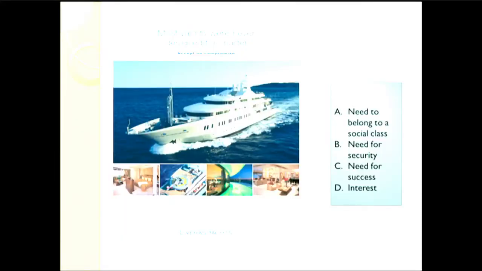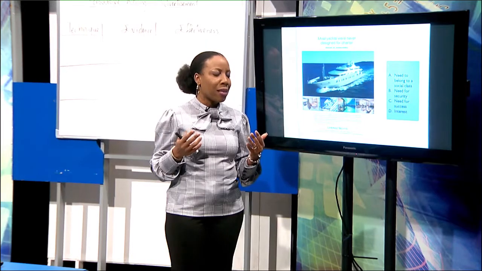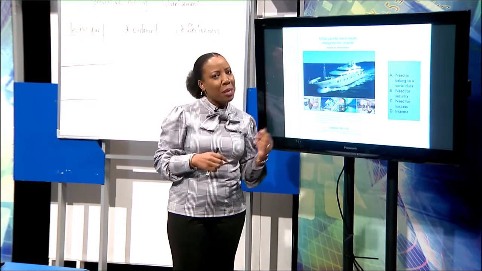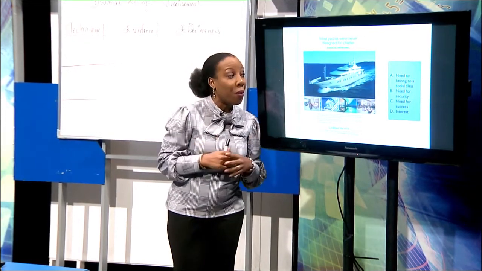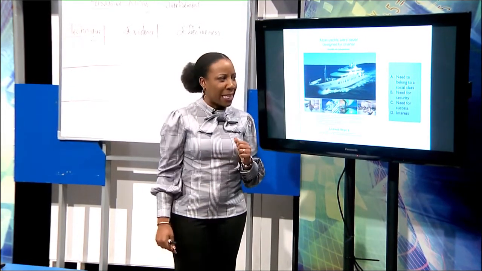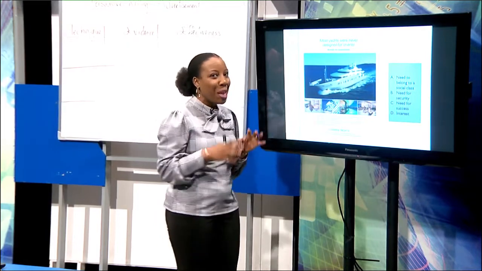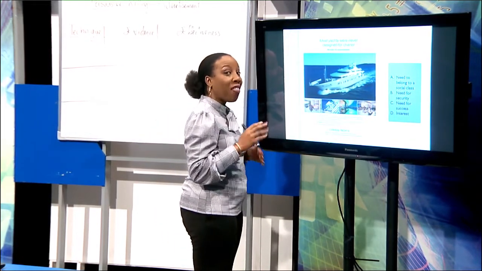Let's look at it. Everybody defines success differently, right? And then there may be some people who are interested in owning a yacht. But when we look at A, it is seeking to separate some people from the other classes of people.